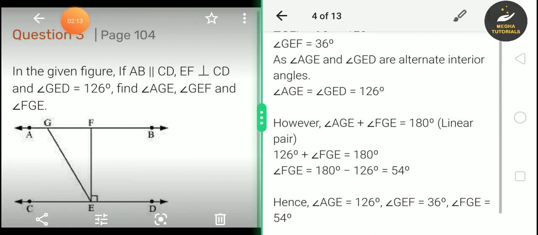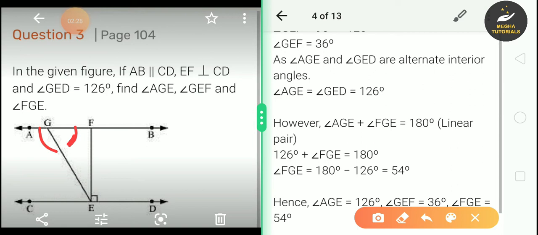Now we have to find angle FGE. So please see in the diagram, angle AGE and angle FGE are forming linear pair, means they are supplementary. So we can write angle AGE plus angle FGE is equal to 180 degree because of linear pair. Now angle AGE is equal to 126 degree.